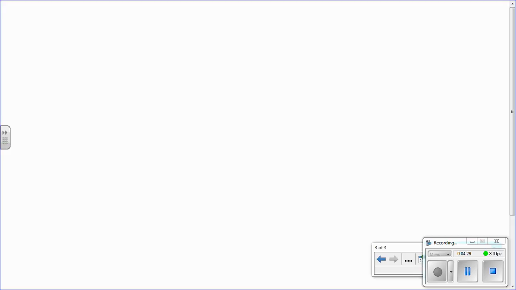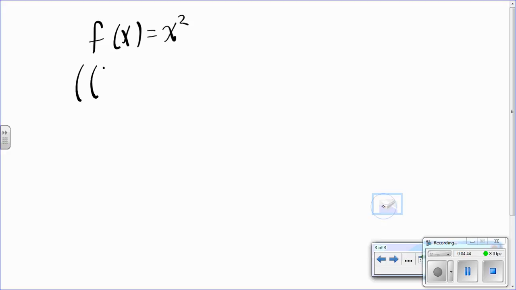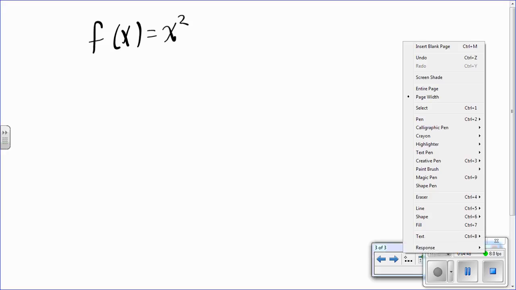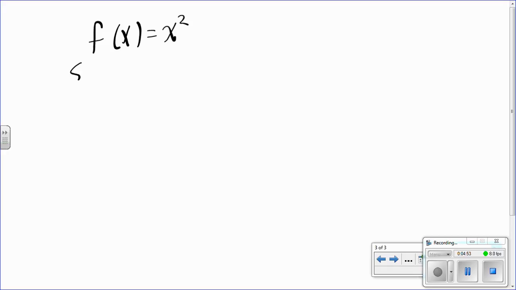Parabola. Yeah, a parabola is not going to have an inverse. Let's say f of x equals x squared. If I put in 1, I get 1.